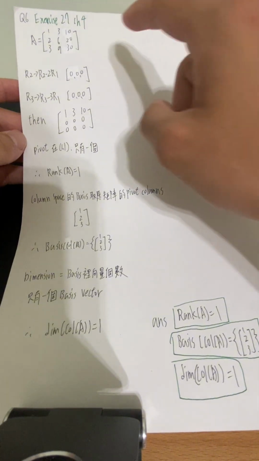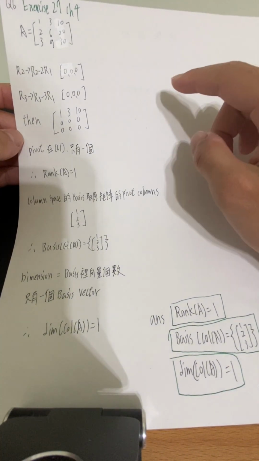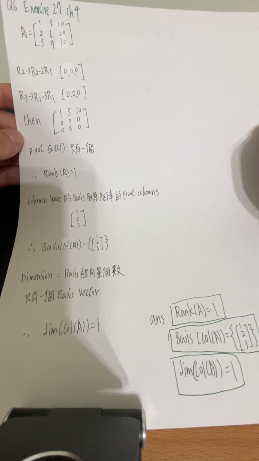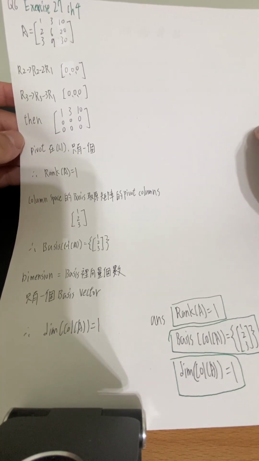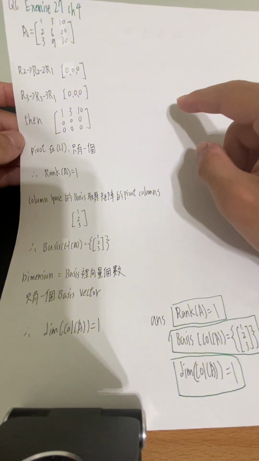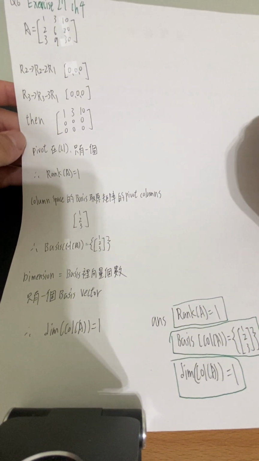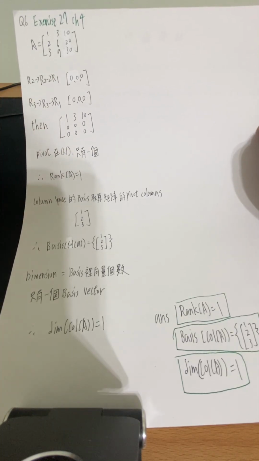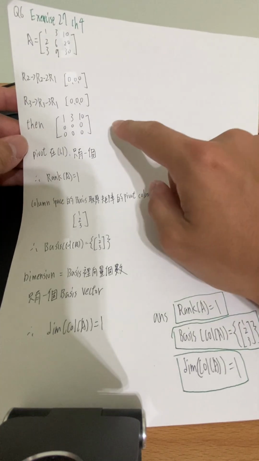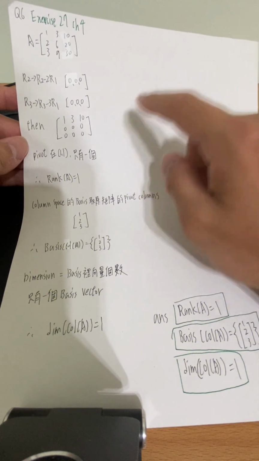The matrix is A, and using the first row as the pivot row, we eliminate the entry below the pivot. For row 2, we subtract 2 times row 1. And this gives 0, 0, 0. And the matrix becomes 1, 3, 10, 0, 0, 0, 0, 0, 0.